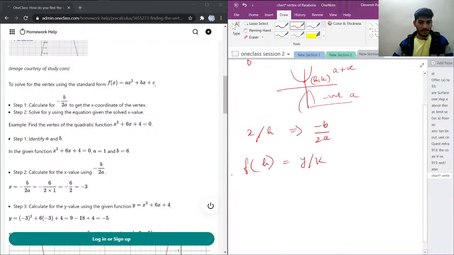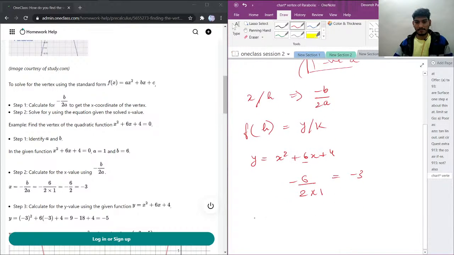So for example, we have this equation y equal to x square plus 6x plus 4. We'll calculate minus b, which is minus 6 over 2, and a is 1, so it is negative 3. Now we'll substitute the value of negative 3 in this equation. 9 minus 18 plus 4, this will become minus 9 plus 4, negative 5.